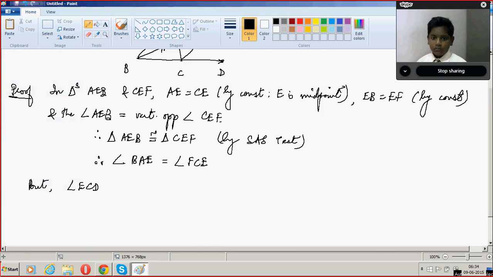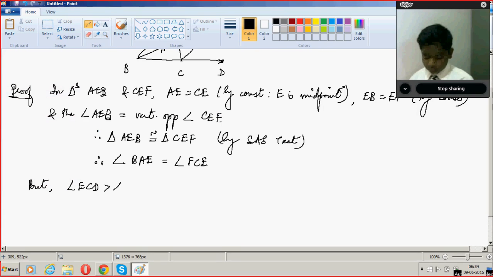But angle ECD is greater than angle ECF. By the way, backtracking, angle BAE is equal to angle FCE, congruent parts of congruent triangles, CPCT. So angle ECD is greater than angle ECF.